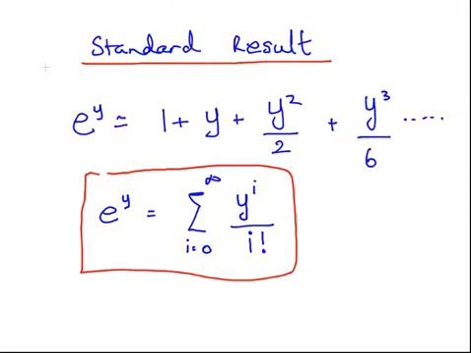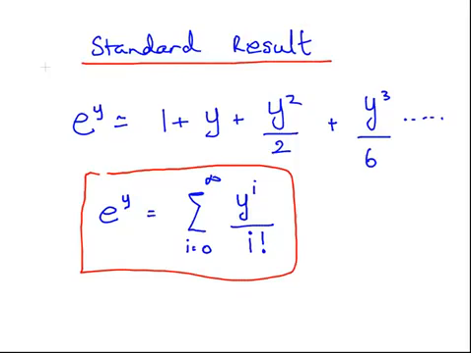Now, there's a couple of ways to do it, but essentially what we could do is use some standard results. There's a couple of these that relate to the exponential function, the sine function, and so on. So the exponential of y, or e to the power of y, can be roughly written as 1 plus y plus y squared over 2 plus y cubed over 6.